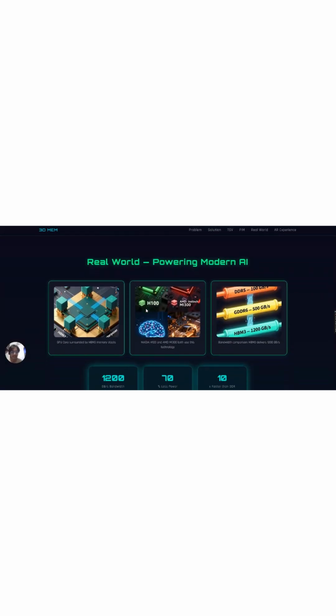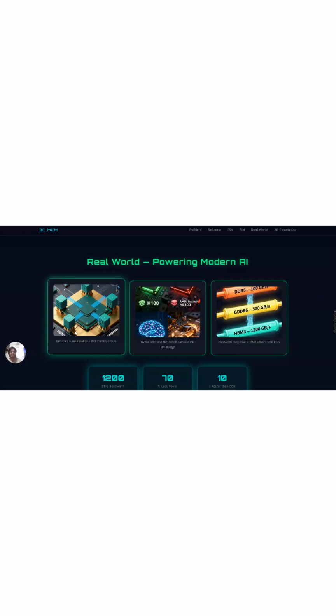Now, in the real world today, let me take you through an example, the NVIDIA H100 chip. It is the chip that powers ChatGPT and Google Gemini. It is a GPU. The H100 contains HBM3, and you can see four teal stacks.